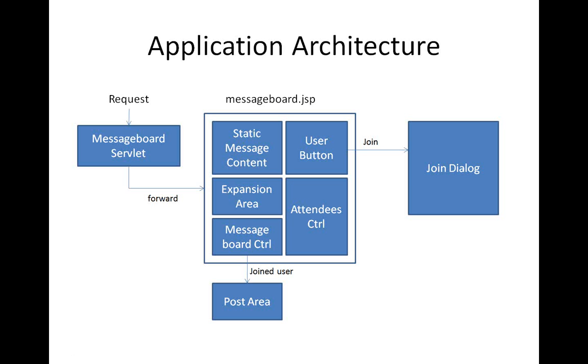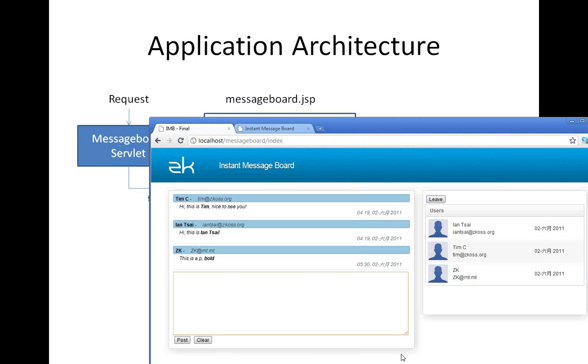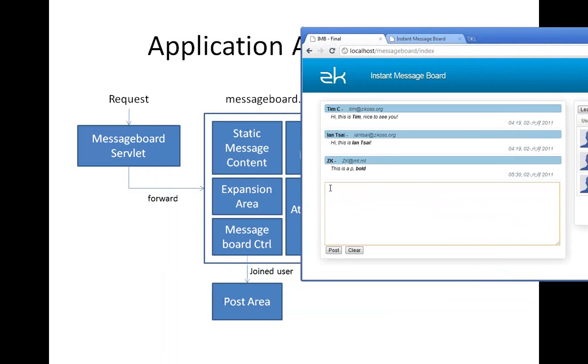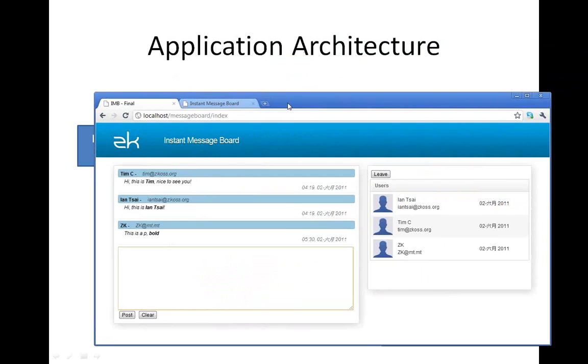And at the bottom, there's a message board control, which is the place where you can do the post. It contains a text box, a post button, and a clear button to let you post and clear the message. And there's a timer hidden in this message board control, but it's a timer, so you cannot see it.